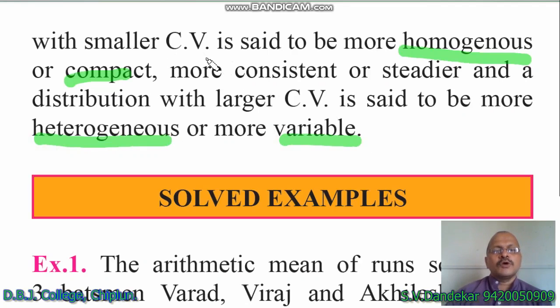So smaller coefficient of variation means the data is more consistent or steady, and larger coefficient of variation means the data is heterogeneous or more variable.